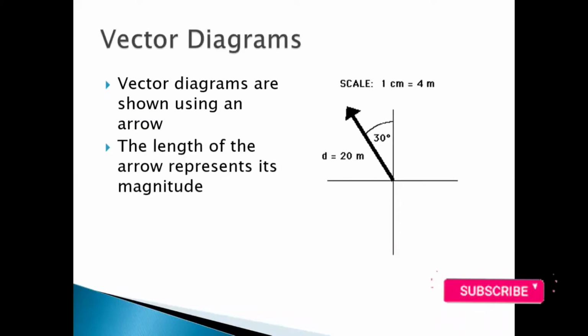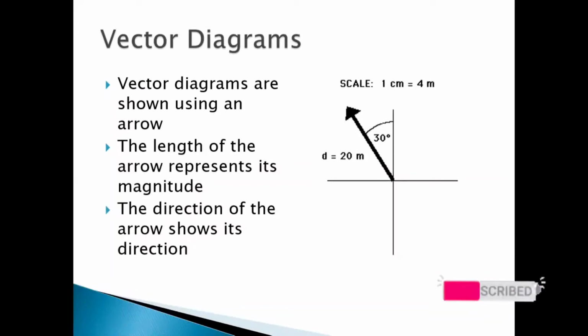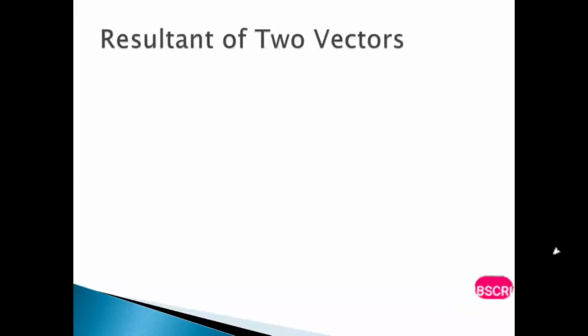For instance, the length of an arrow represents its magnitude. So the length from the intersection to this point is the magnitude representation. And the direction, or where the arrow points, shows the direction. Sometimes vectors have components.